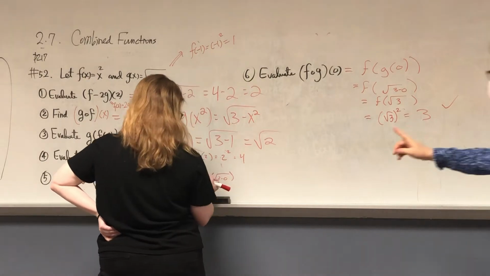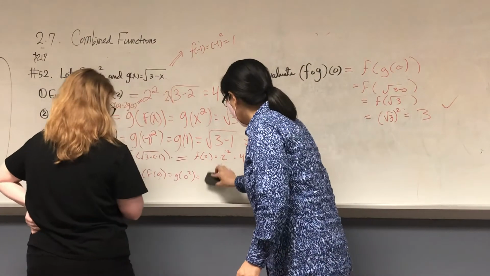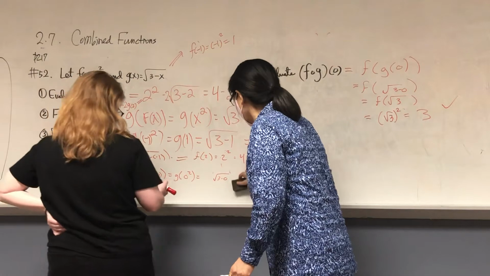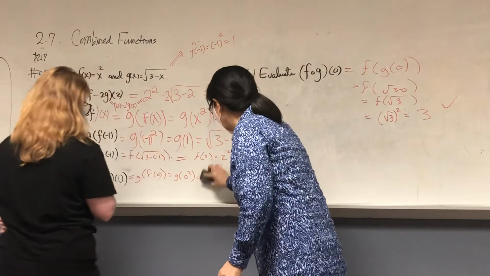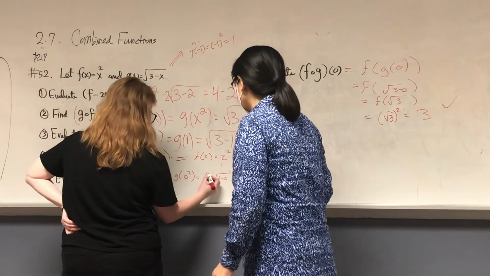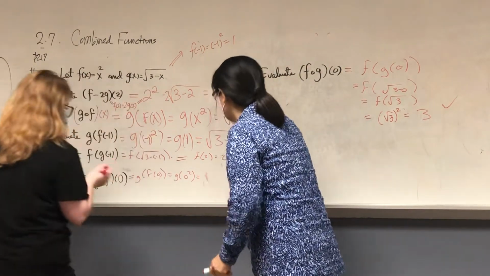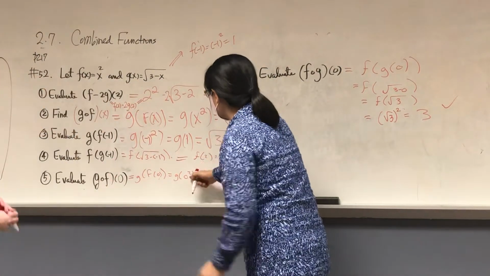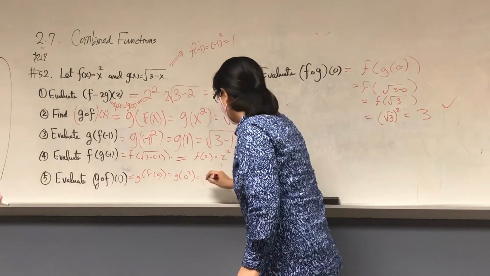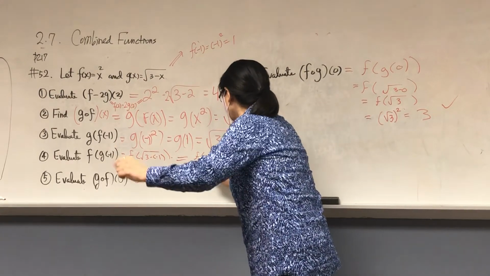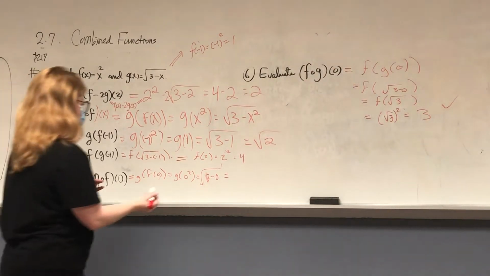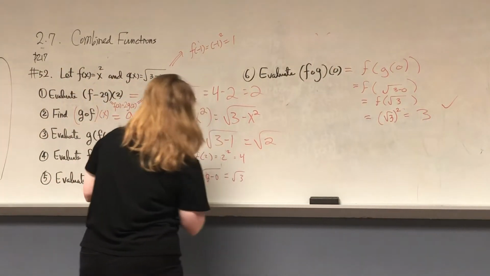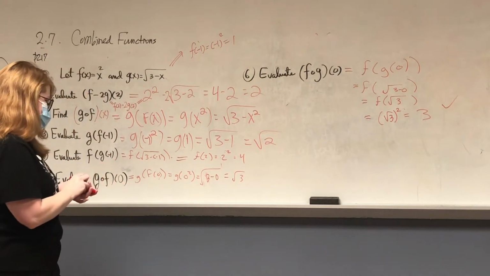No more g, because you already substituted. So it is equal to what? You put 0 here, right? So what you did already. Yes. So what is it? 33. Good job.